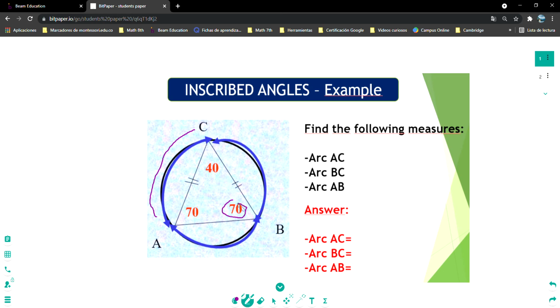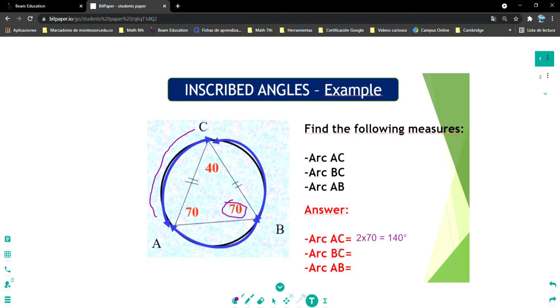So 2 times 70 will be 140 degrees. This arc will be 140 degrees.